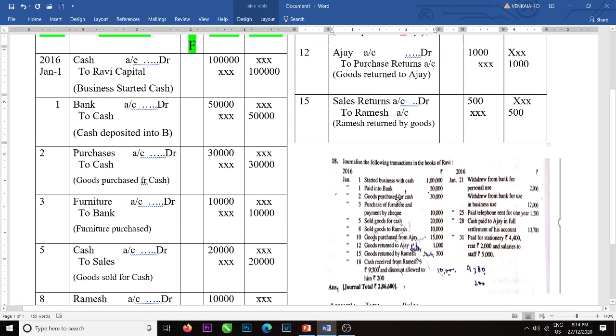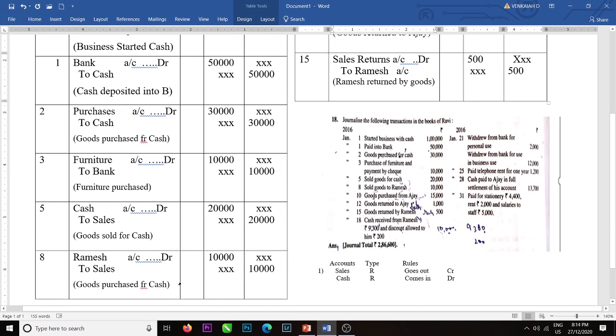Okay. Next entry is cash received from Ramesh 9,300 and discount allowed to him 200. Look at Ramesh: sales 10,000 rupees. On 8th, Ramesh sales are 10,000.